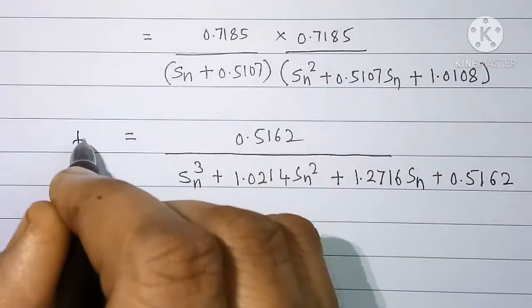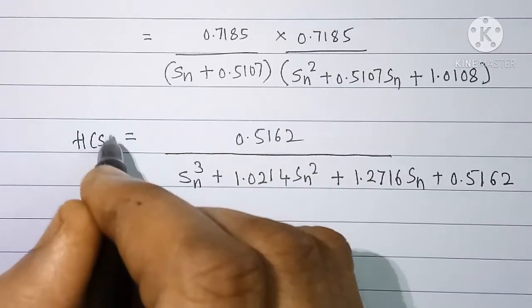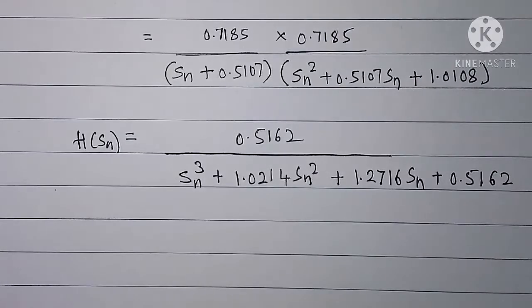So this is the normalized transfer function of the analog IIR low pass filter.